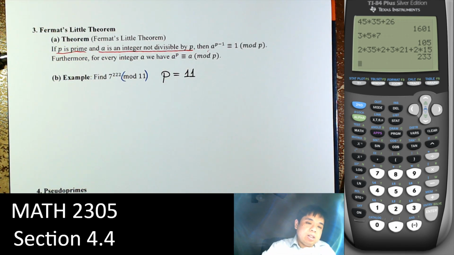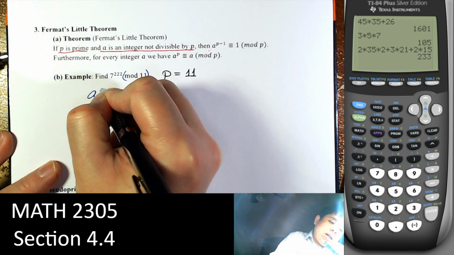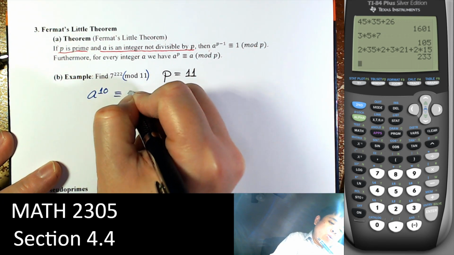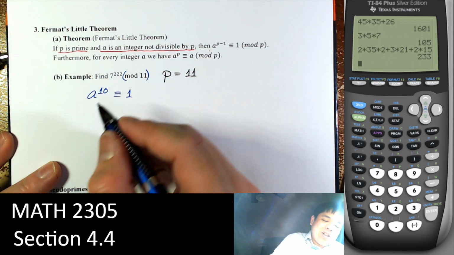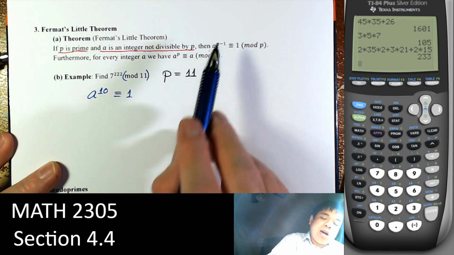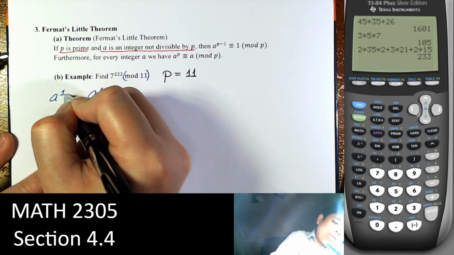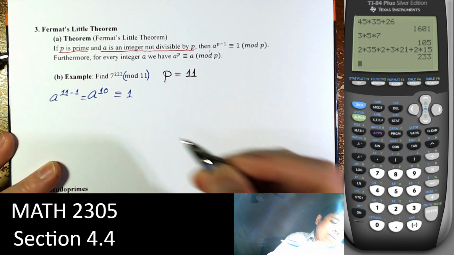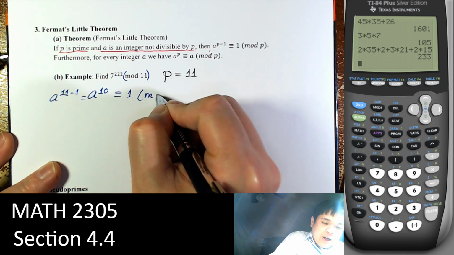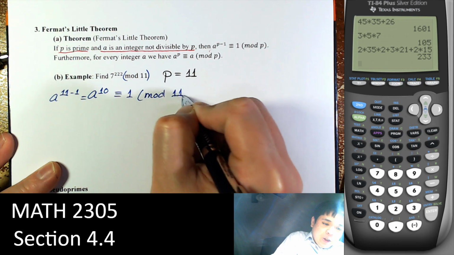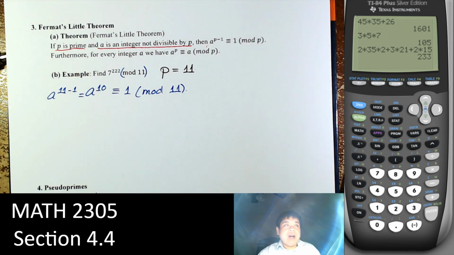In that case we know a to the 10 is congruent to 1 mod 11, because 10 is 11 minus 1. Right, so that's good. Now 7 to the 222, how do we reshuffle that?